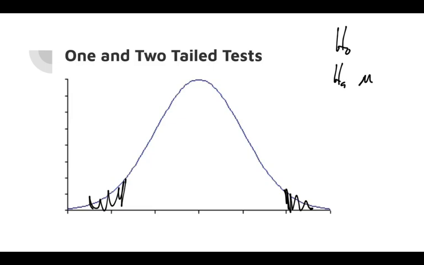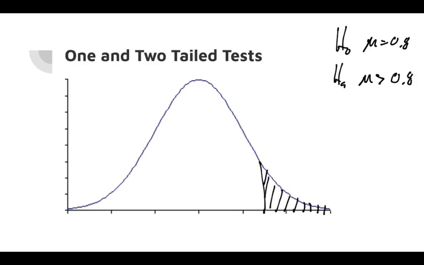If I'm trying to say that mu is greater than 0.8, so then up here I would still say that mu is 0.8. But now I'm going to put the region of rejection over here. Okay, and this is a one-tailed test.